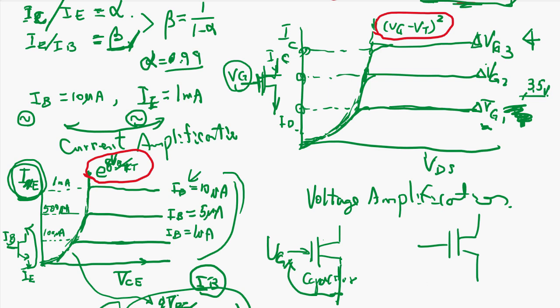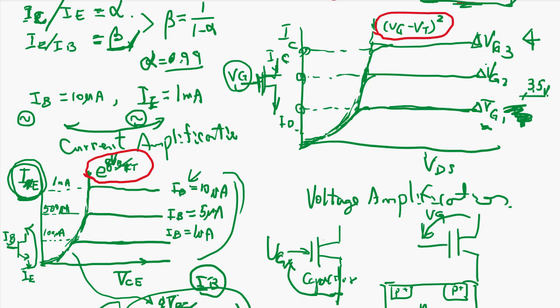Because of the structure, you have P and N well. So think about how to create the inversion layer. If you apply positive, it's not inversion, the current immediately flows here.